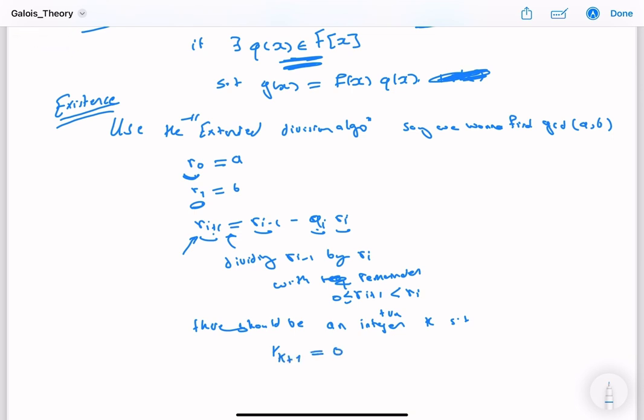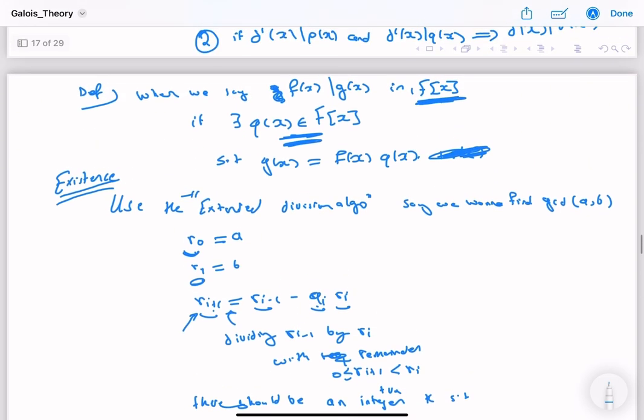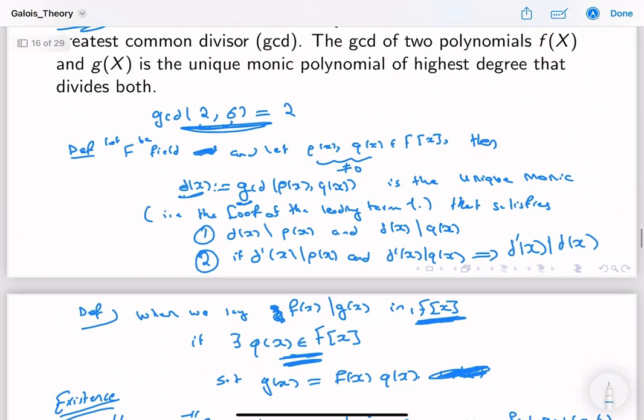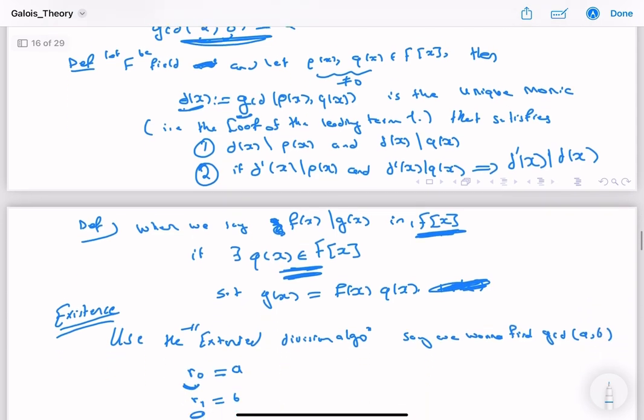So after repeatedly applying this division algorithm, we get r k plus 1 equal to 0. And you might have seen in an abstract algebra course or a number theory course that r k is the GCD. So the last non-zero remainder you get is the GCD of a and b. And the same thing applies when you want to find the GCD of polynomials in the ring F[x].